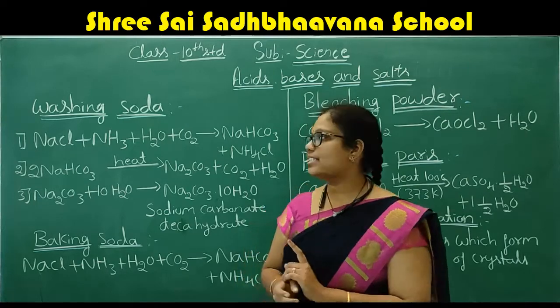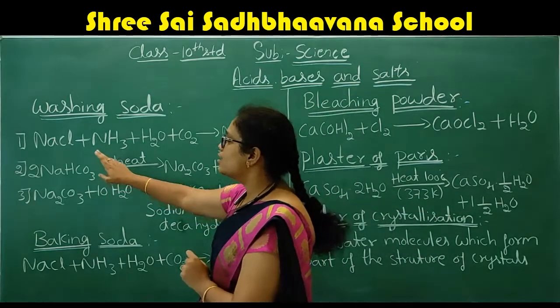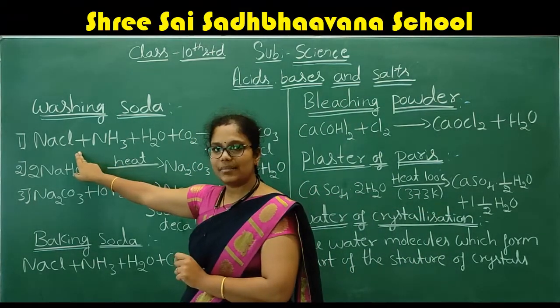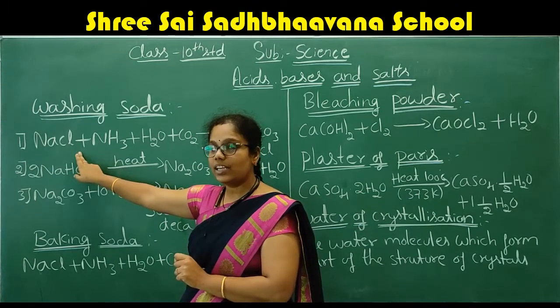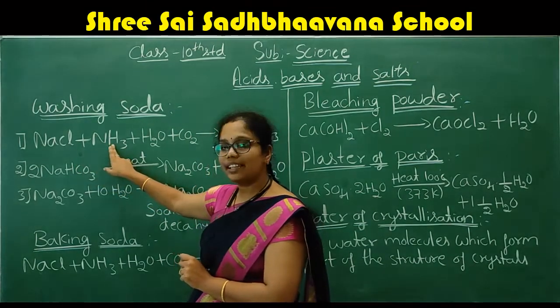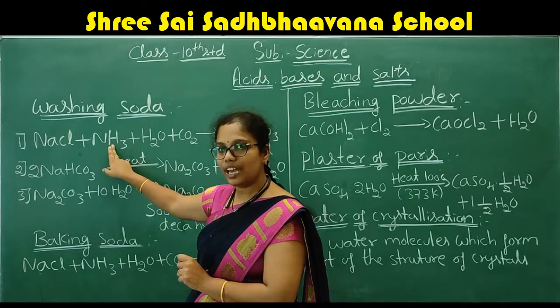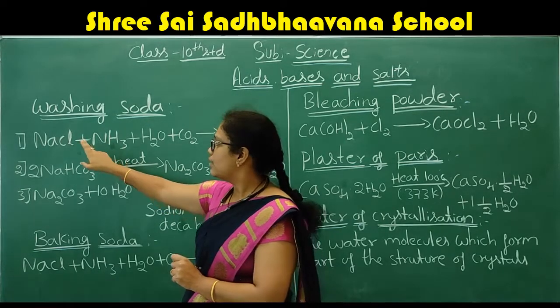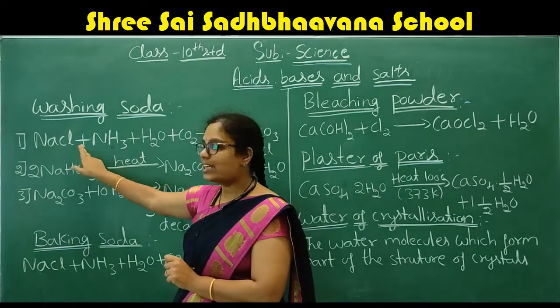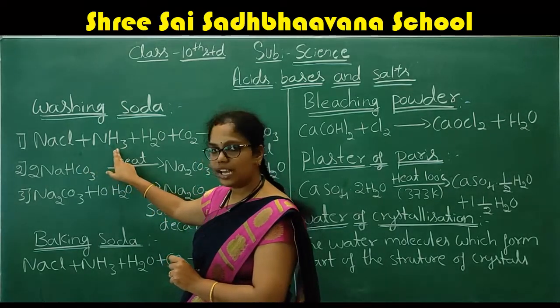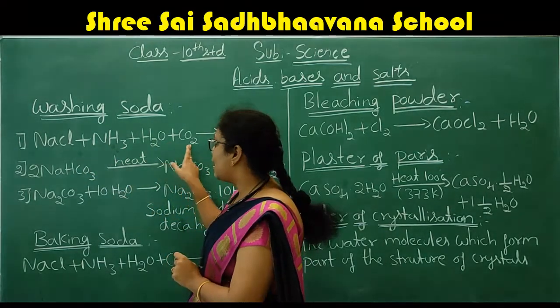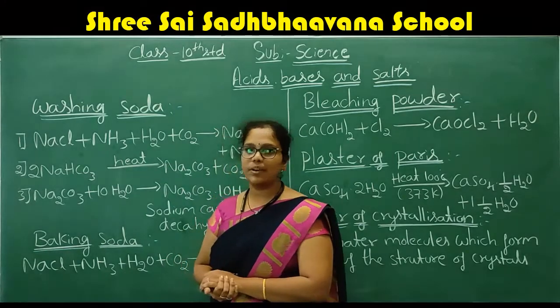In the first step, we take sodium chloride, NaCl, and we react that sodium chloride with ammonia, NH3. First we take sodium chloride, react it with ammonia, then water, and finally we pass carbon dioxide gas.